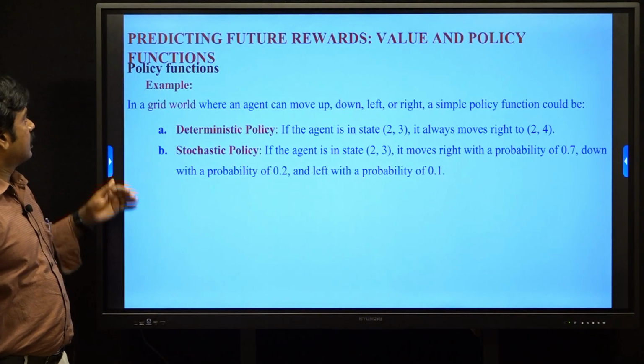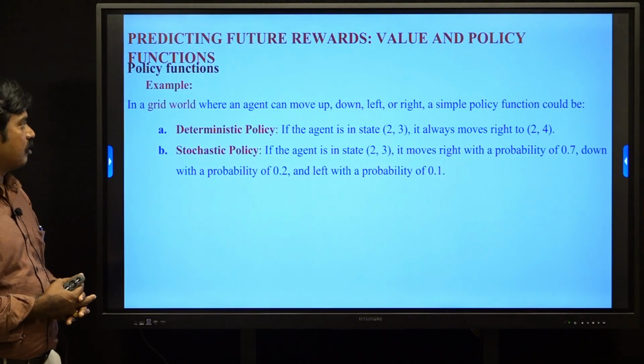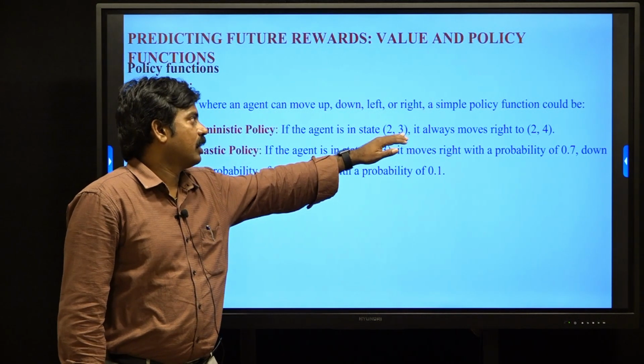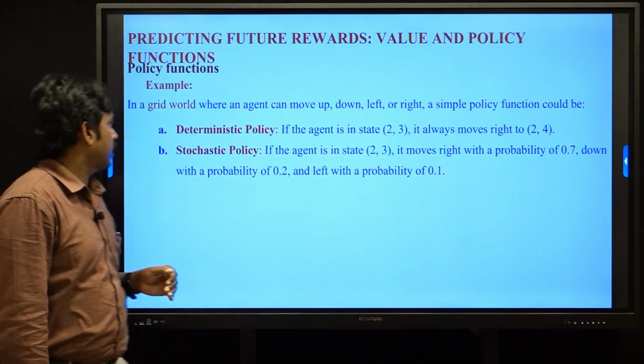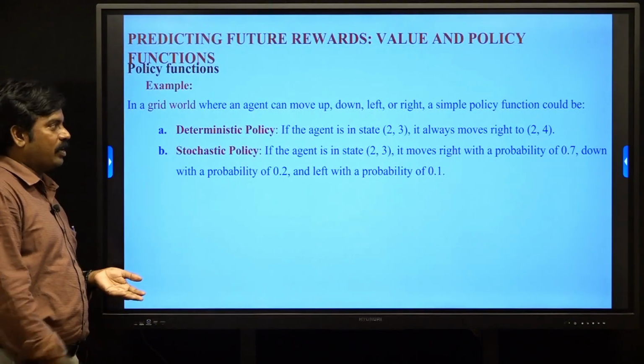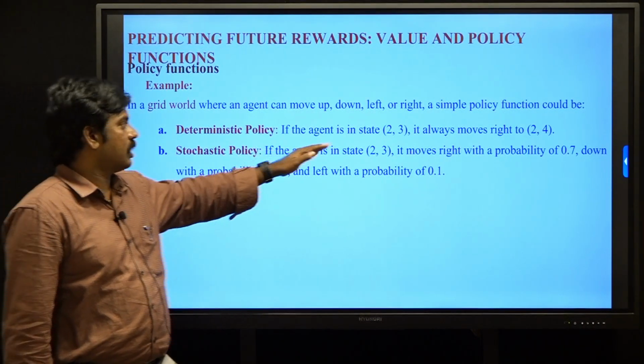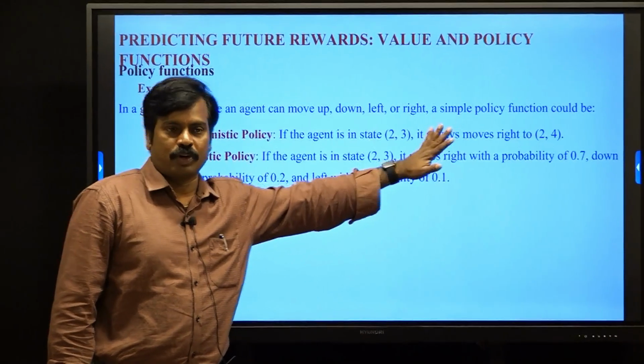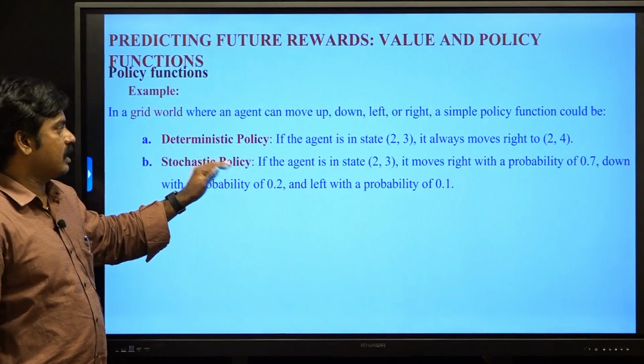And one more example, the grid world, where an agent can move up, down, left or right. A deterministic policy has only one option. For example, if the state is (2, 3), it always moves right to (2, 4) only. A stochastic policy has multiple options.